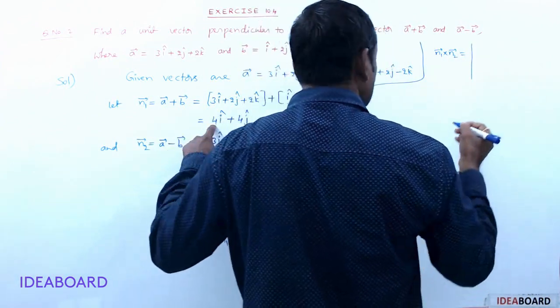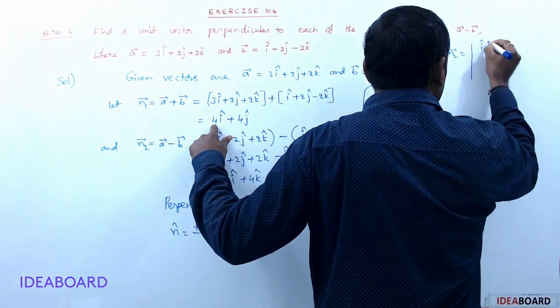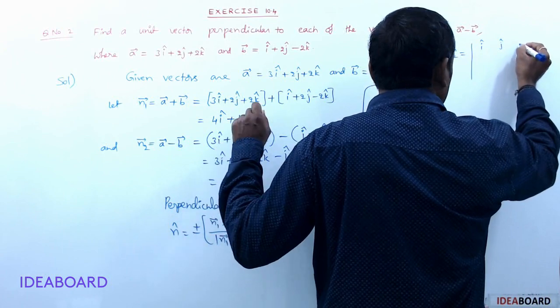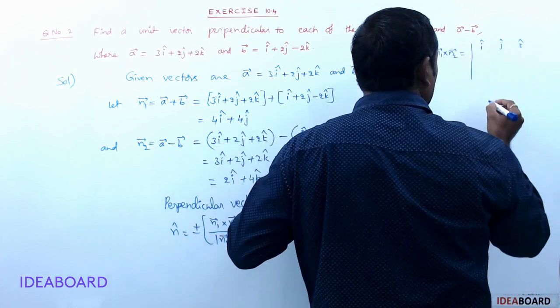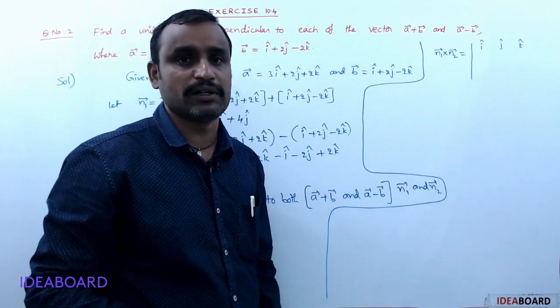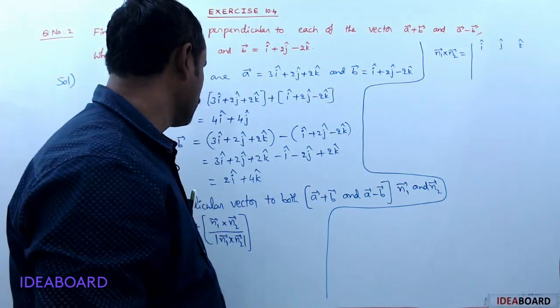Write the first row: first column I, second column J, third column K. In the previous question we discussed how to find the cross product between vectors, so the same concept applies here.